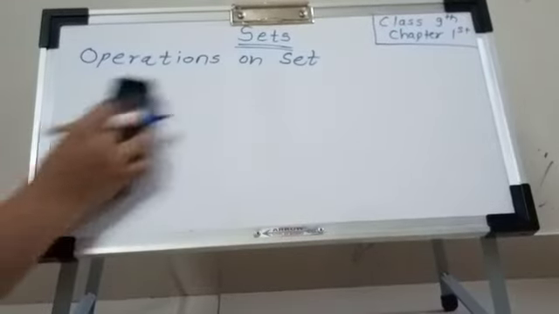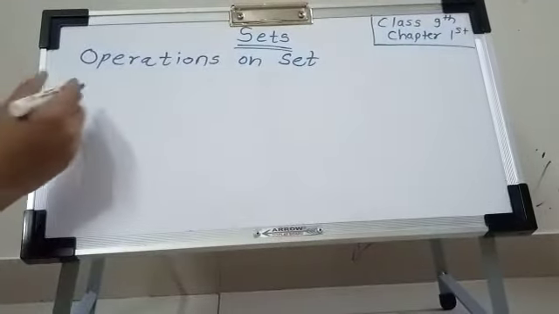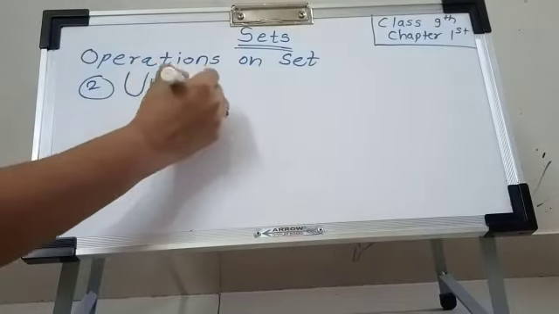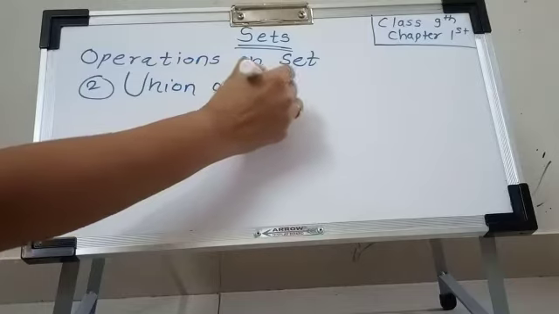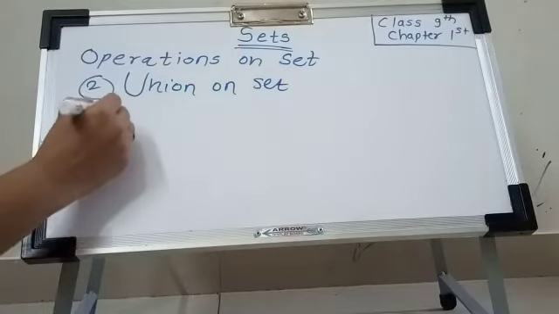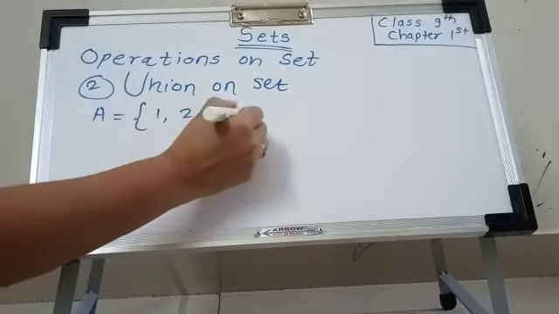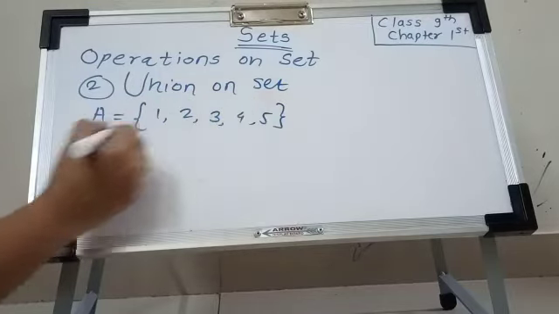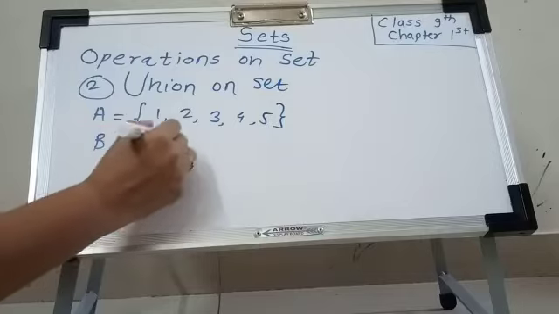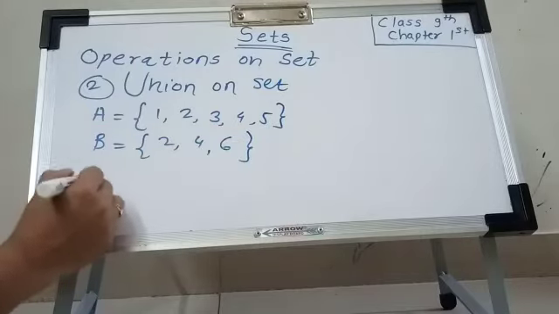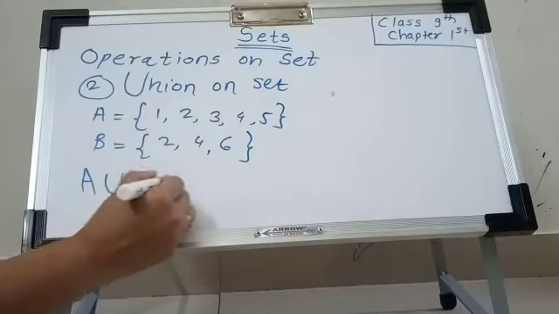Similarly, we can write the union of sets. The second operation is union. A is equal to {1, 2, 3, 4, 5} and B is equal to {2, 4, 6}. Now we write the union. This U sign is called union.